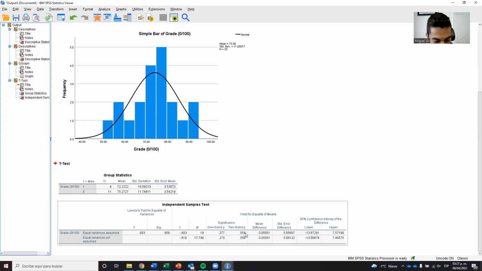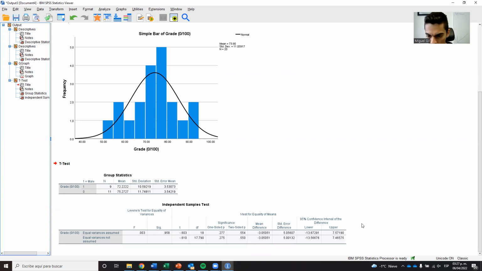Again, I am talking a lot on words that you saw from the lecture. So remember, if you are not getting me, go to the lecture videos. So if this is lower than 0.1, we can assume that the difference is significant, right? But since here the p-value is 0.554, we conclude that no, the difference that we found in here is not significant in terms of gender. So just say that it is not.